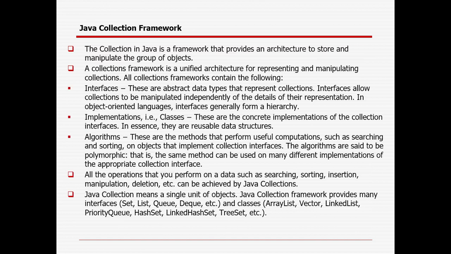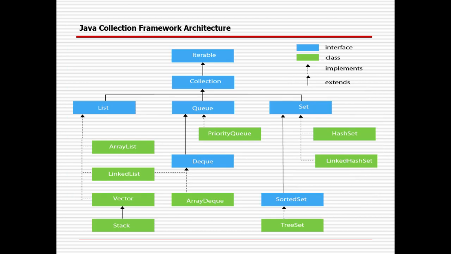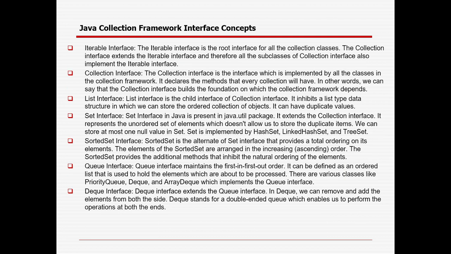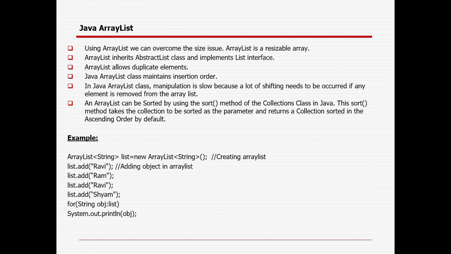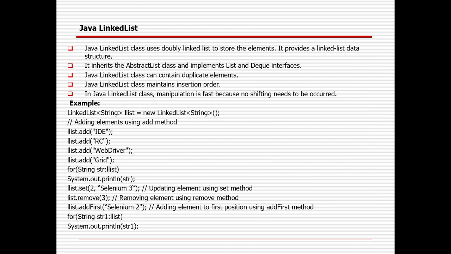And for the Java Collection Framework, remember three concepts: one is the interface, one is the implemented classes, and one is the algorithm, or the logic or useful methods. The starting points are the Iterable interface, then Collection, and List, Set, SortedSet, Queue, and Deque. ArrayList can contain duplicate elements and maintains insertion order. LinkedList lets you do manipulation on both sides: add first, add last, remove last.